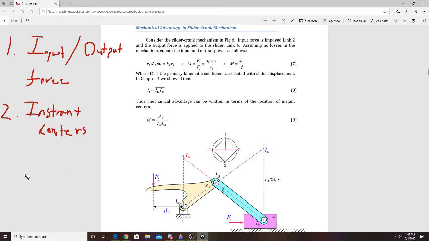So instant centers, right? You guys should be pretty familiar with how to do these since we did it last chapter. So solving the questions is pretty straightforward. Essentially, we find all the instant centers we need, and then we relate the input force to the output force using instant centers.